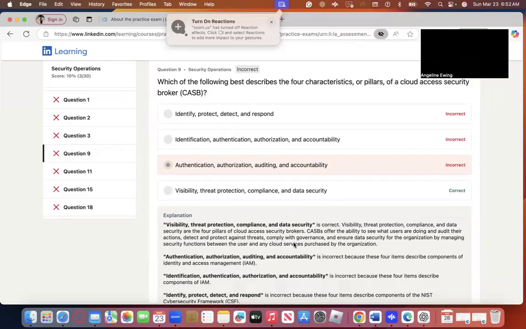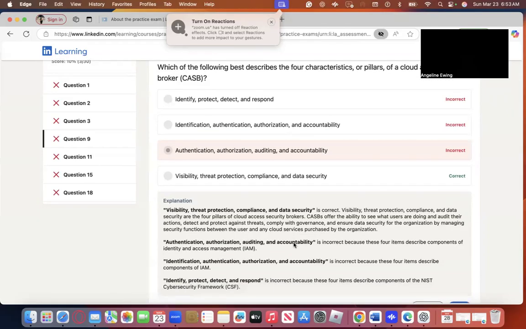CASB offers the ability to see what users are doing and audit their actions, detect and protect against threats, comply with governance, and ensure data security for organizations by managing security functions between the user and any other services purchased by the organization.